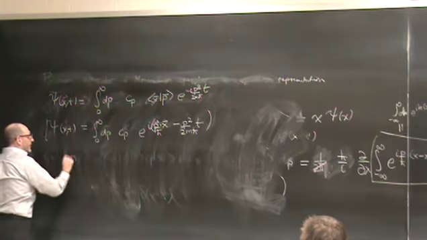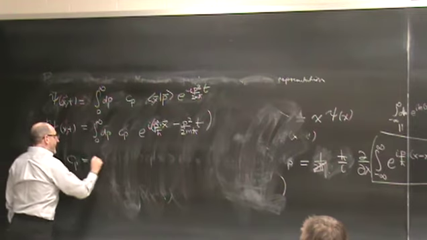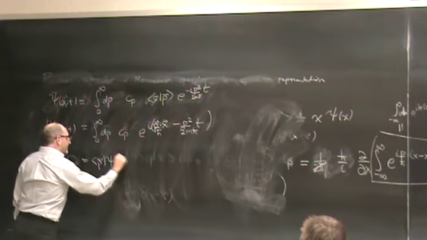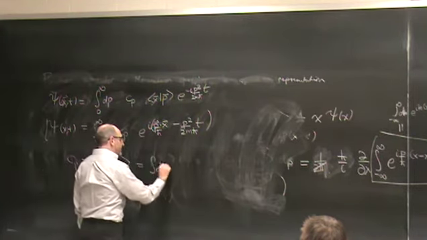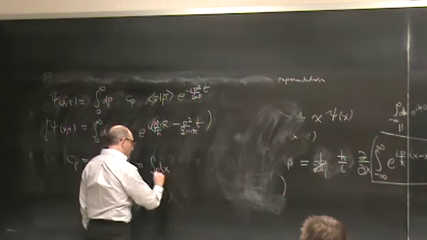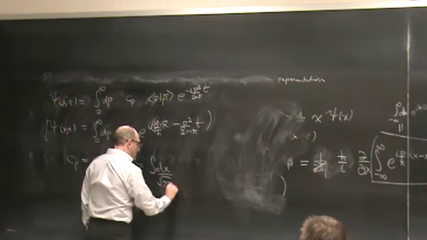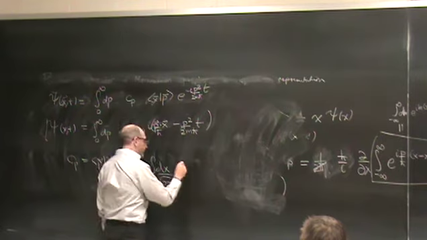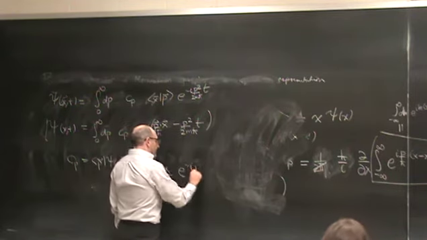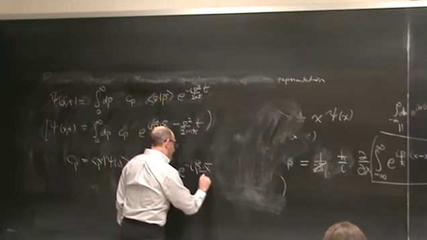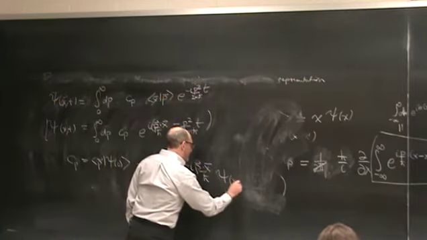Where what is C of p? Well, C of p is this, which is the projection onto the plane wave. It's the Fourier transform, the integral of e to the minus i p x over h bar times the wave function at time equals 0.